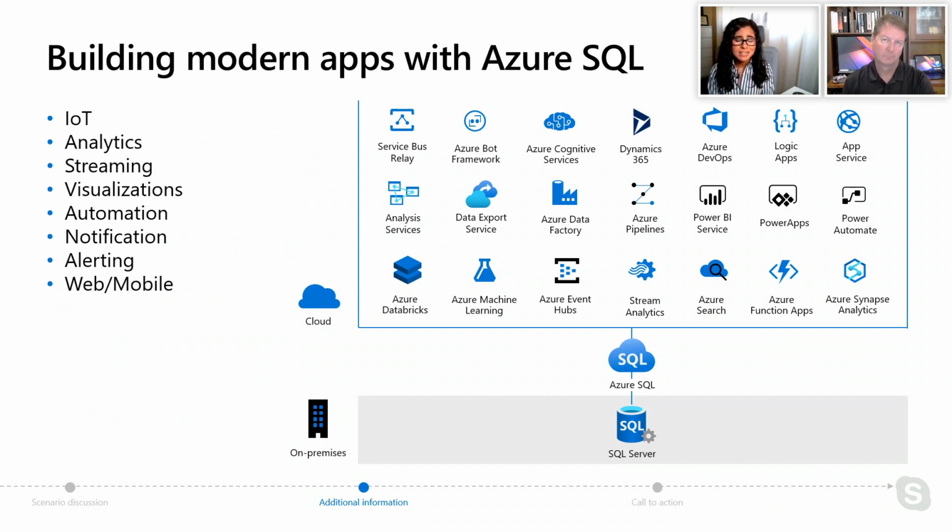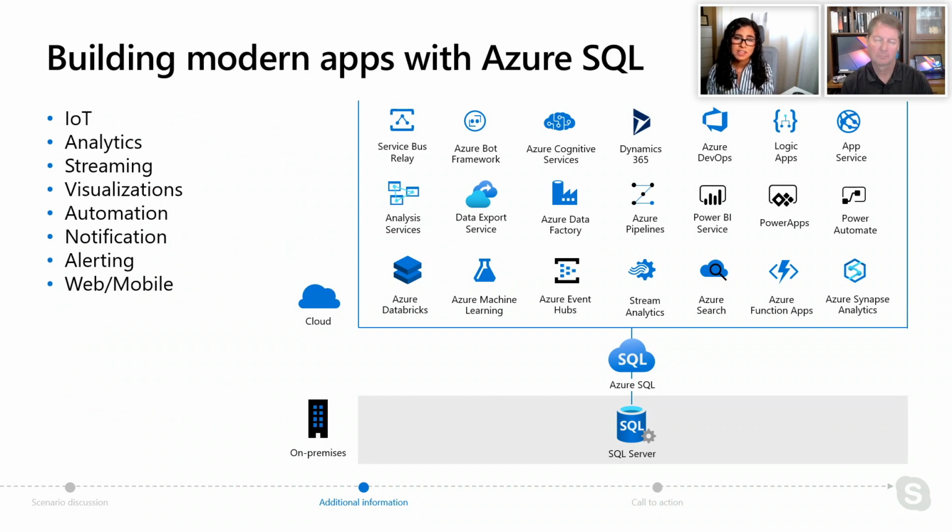We've got great integrations with the Power Platform. From the portal in an Azure SQL database, you can immediately connect to Power BI or create a Power App or Power Automate flow. These are low-code things meant to be done by just about everyone. So that's awesome capabilities you have right off the bat.